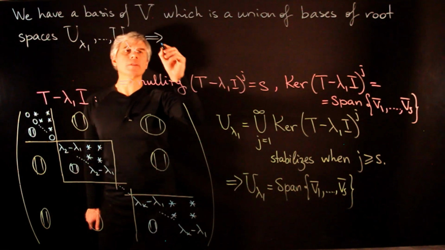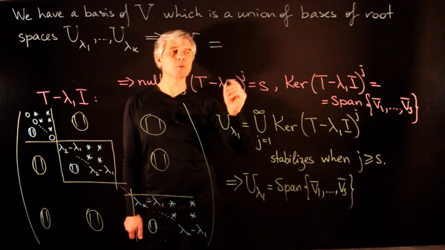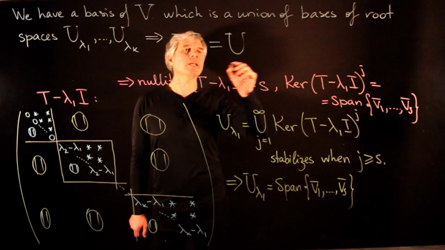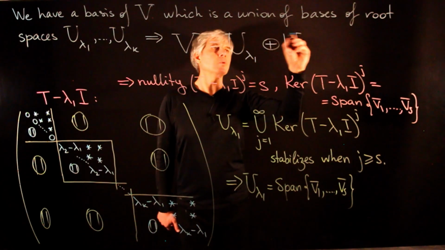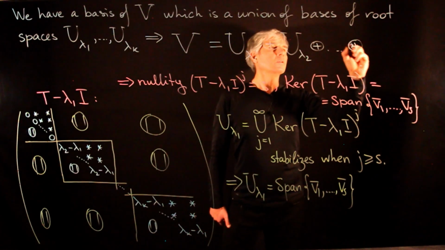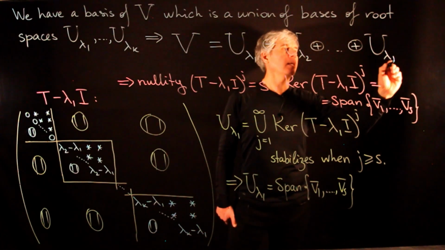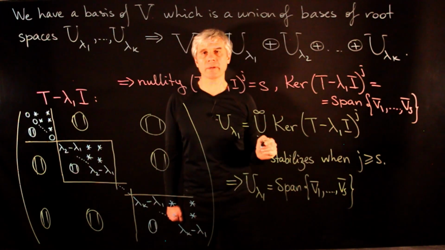And from here we conclude that our vector space decomposes into a direct sum of T invariant subspaces, U lambda 1 plus U lambda 2 plus up to U lambda k. And this completes the proof of the corollary.